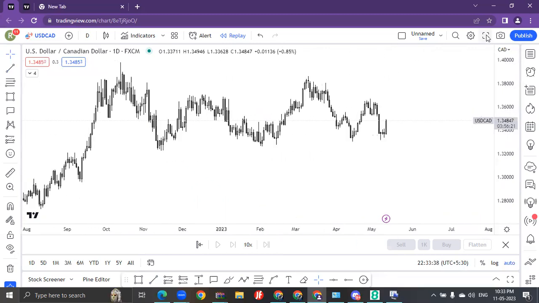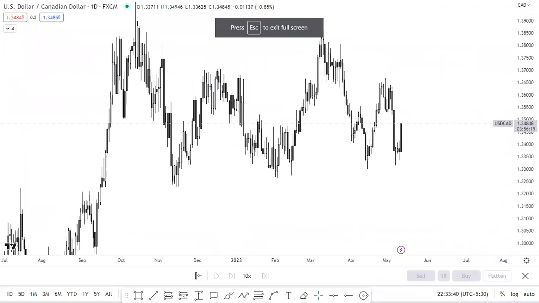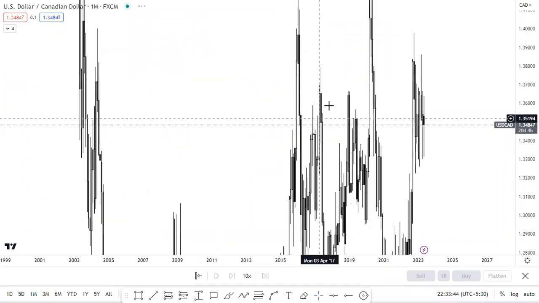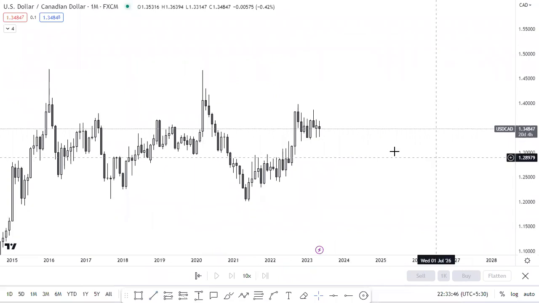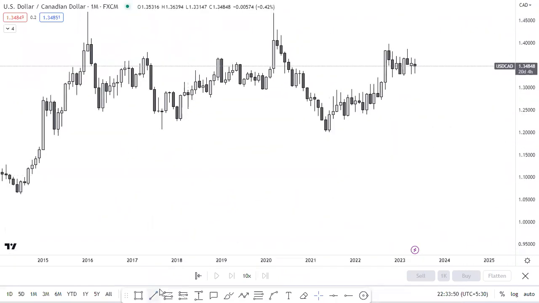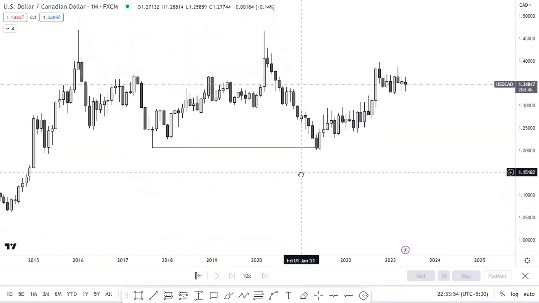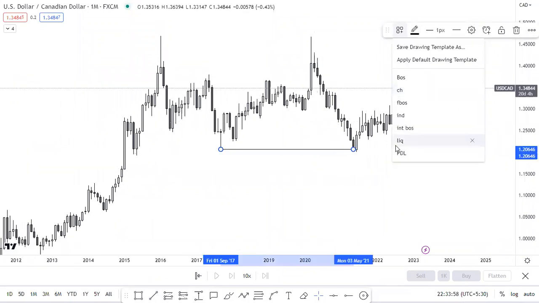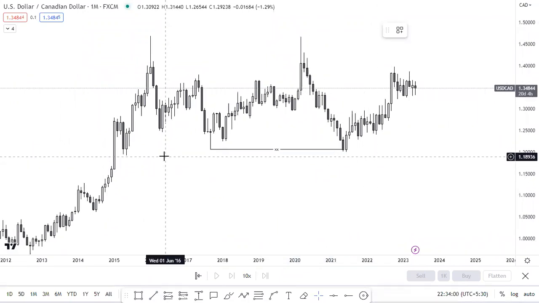Okay. So when it comes to USD CAD, I'm just looking at the weekly time frame. First of all, I started with the monthly time frame, and in the monthly time frame, what I have noticed is this particular thing. We have a larger liquidity sweep over this area, a larger liquidity sweep towards this area, so I'm marking this as a liquidity sweep.